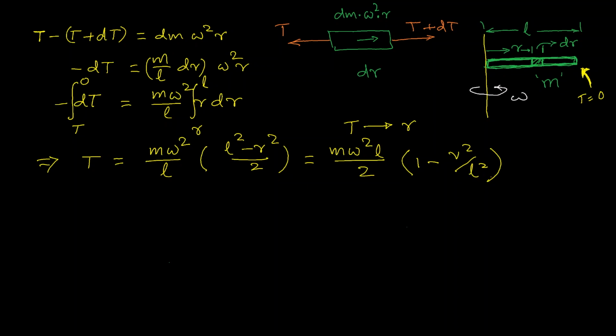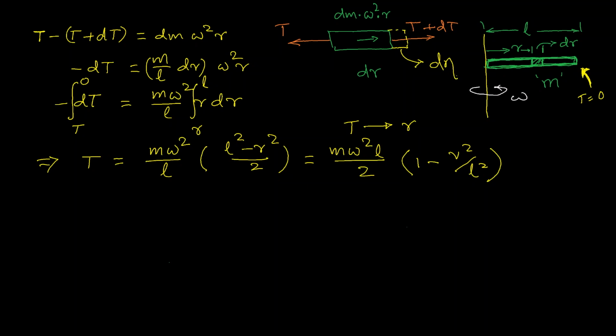Now to figure out the total elongation, suppose this small elemental length is elongated by a small distance, say d eta.